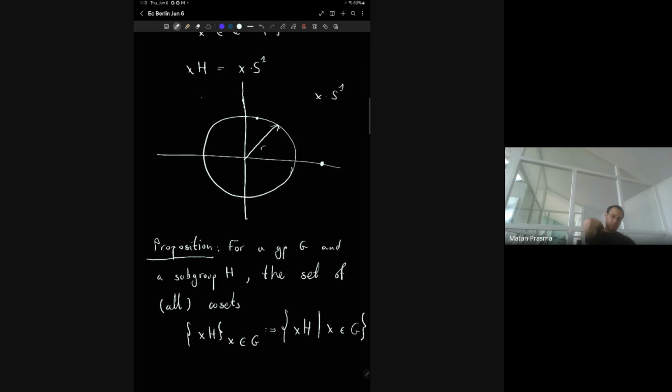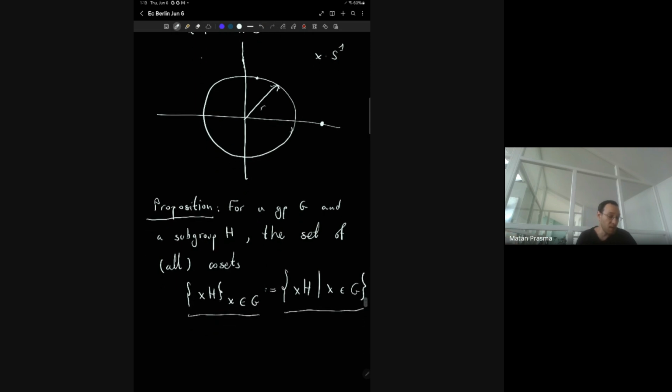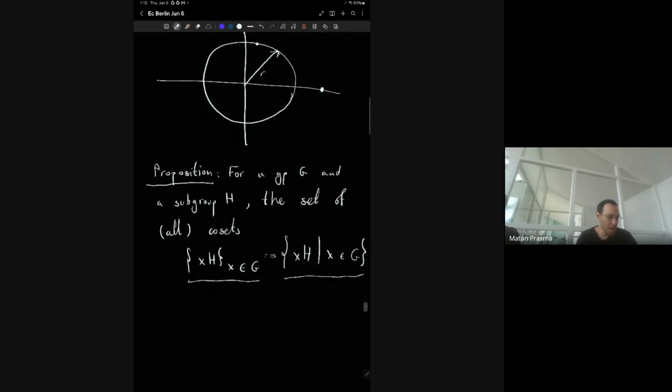Just to abbreviate this notation, we have this one, and I claim this is a set of sets, a set of subsets of G, and I claim that this forms a partition of G. What is a partition?